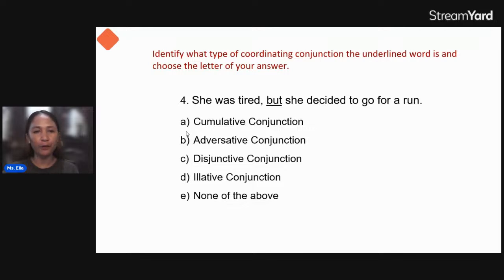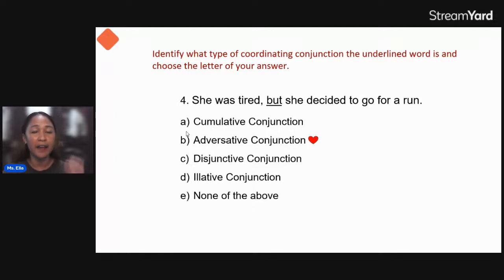Okay, for number four, the correct answer is adversative conjunction. Why is it an adversative conjunction? It's because it's an opposing or contrasting statement. Because you are tired, right? But why would you go for a run? So it's contrasting.